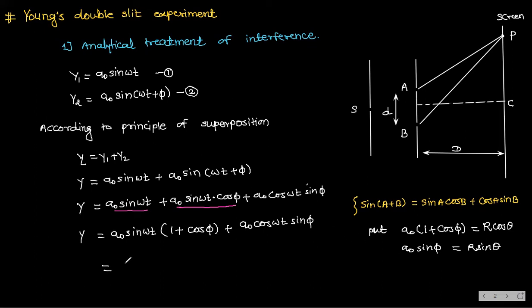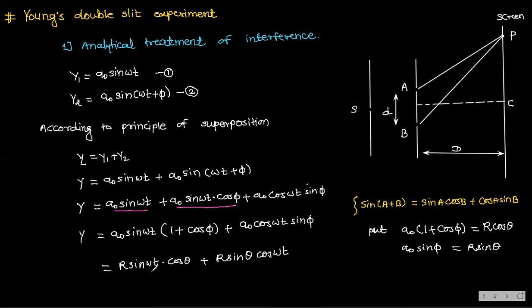So what am I getting? a naught is not there now, we have to substitute r. So this is r cos theta into sin omega t, that is r sin omega t cos theta, plus a naught sin phi, which is r sin theta into cos omega t.